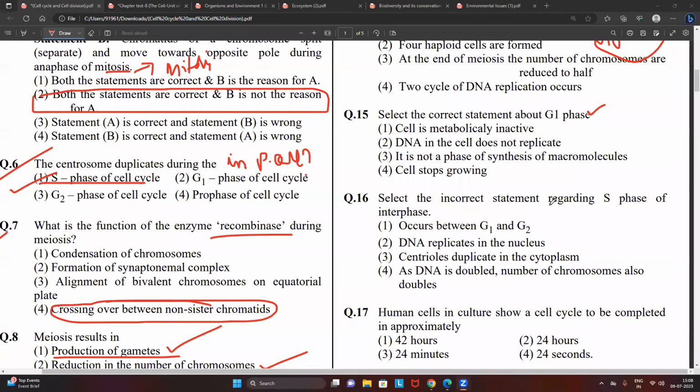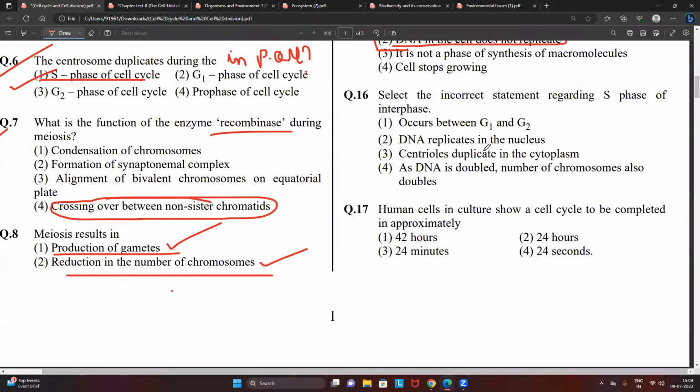Please mute your mics. Don't make any noise. The question says, select the correct statement about G1 phase. It will be option 2, right? DNA in the cell does not replicate. That is true because the cell is only getting prepared for DNA replication in the G1 phase. No need to get confused.